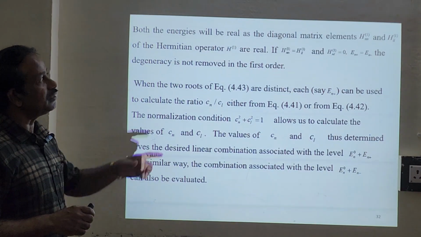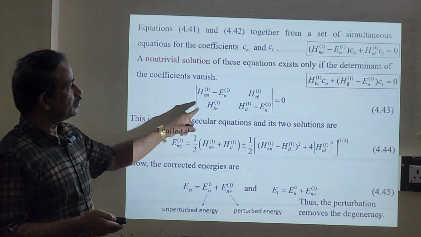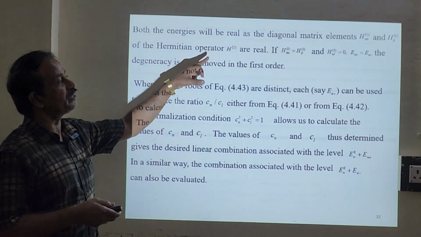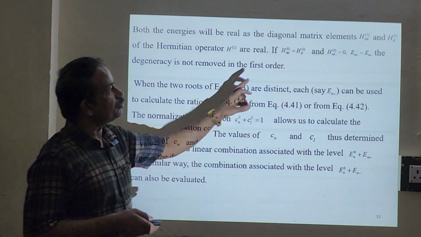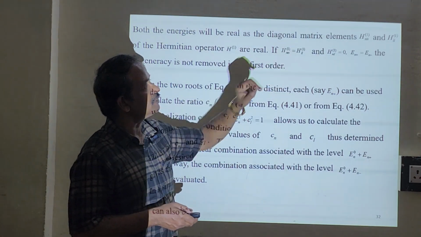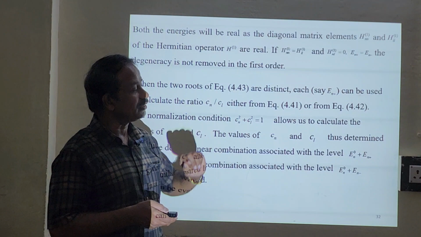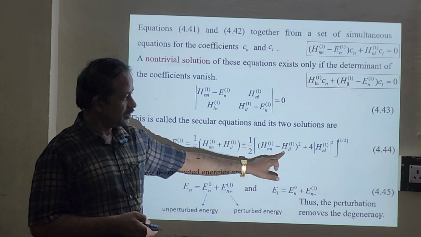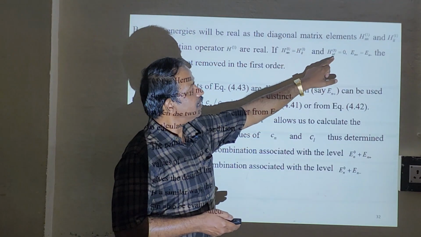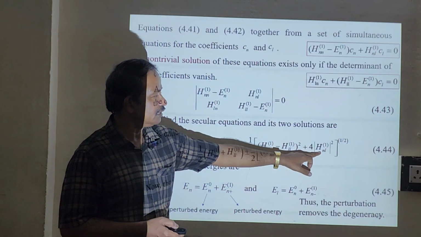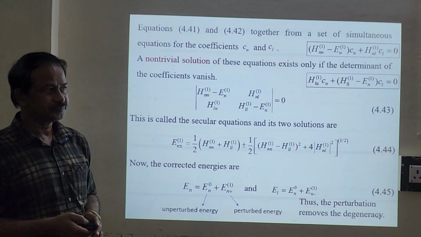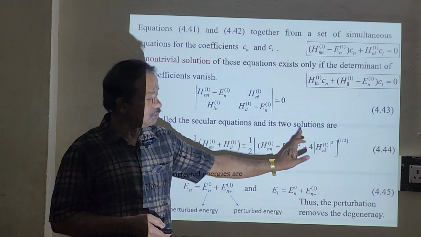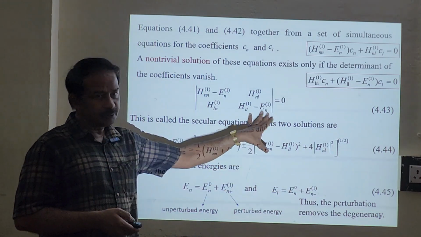Both the energies will be real, as the diagonal matrix elements HNN and HLL of the Hermitian operator are real. Of course we know. Suppose we use the conditions HNN equals HLL and HNL equal to 0 in this expression. Then this term will not be there, correct? HNN equals HLL makes this equivalent to this, and if you make HNL equal to 0, you will not get this difference; it becomes 0.